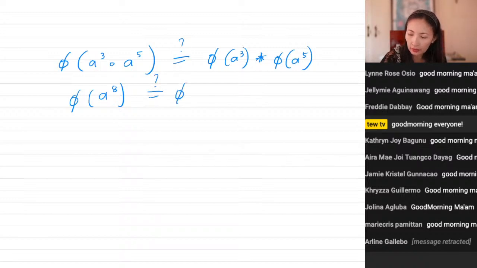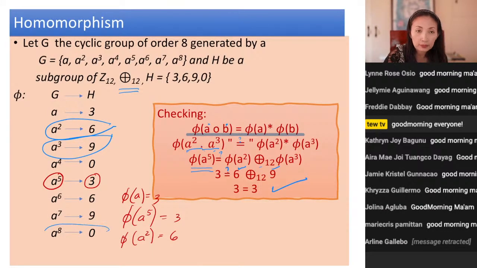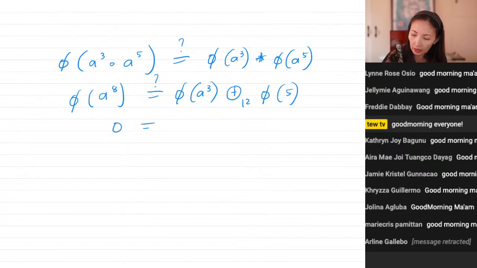Phi of A to the third. The operation in H is addition modulo 12. Phi of 5. So let's simplify now. Go back to our mapping. What is phi of 8? That's 0. Okay, so 0. Would the other side also be 0? Let's see. What is phi of 3?